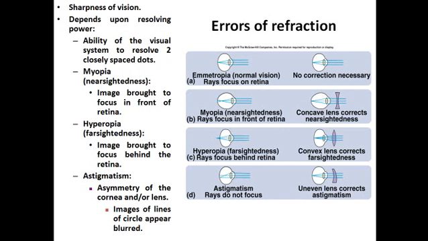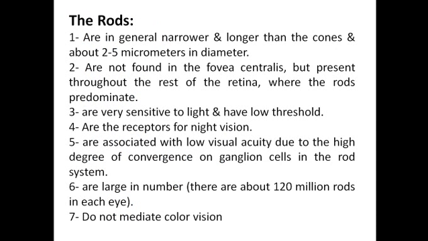And here the image of lines or circles appears blurred. Coming to the rods and cones. The rods are generally narrower and longer than the cones and more numerous, about 120 million in number, 2 to 5 micrometers in diameter.